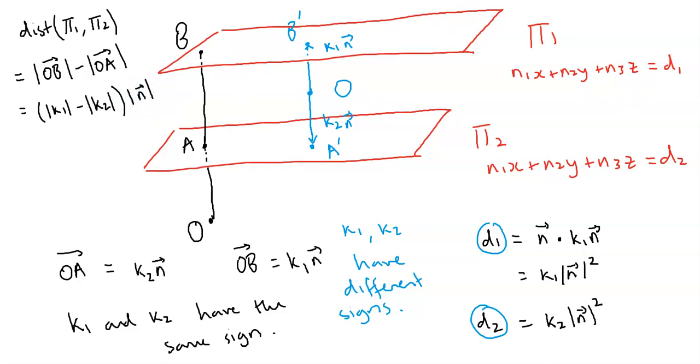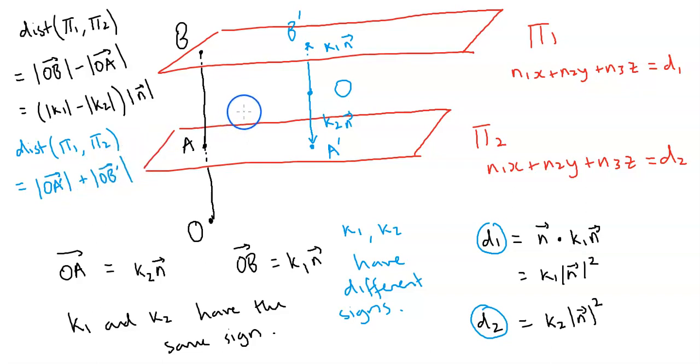Not particularly complicated. In the other situation, when we have the origin in the middle, like that, the distance between pi1 and pi2 is clearly equal to the length of OA prime plus the length of OB prime.